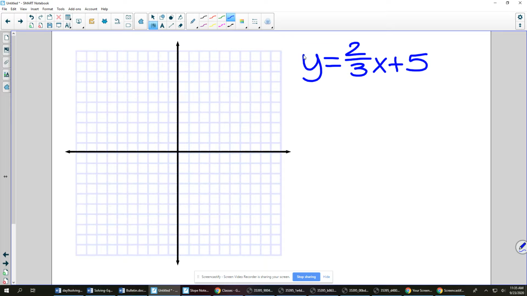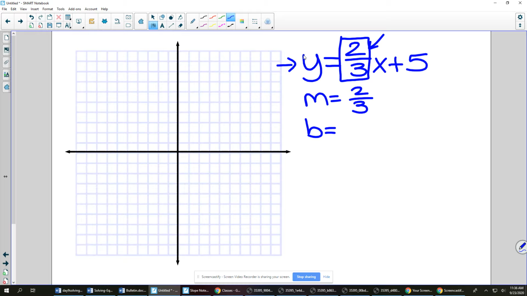You will always start at the point that you know. So what do I know? Let's figure this out first. So I have my slope and I can get my y-intercept because this equation is in y equals form. So what would my slope be? Well, it's that number that is attached to the x. It is not the x, it's just the number that's with it. So my slope is going to be 2/3.